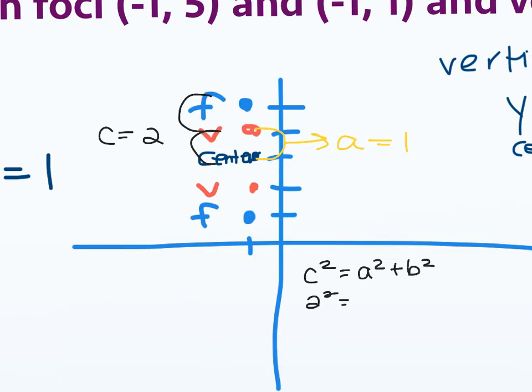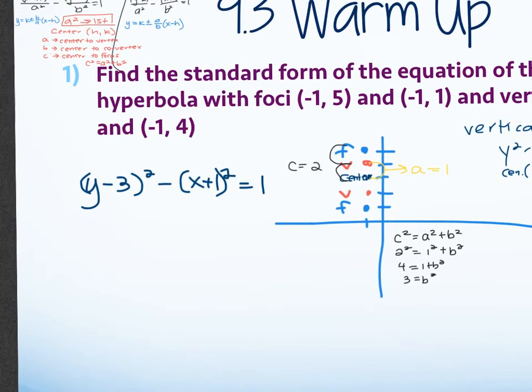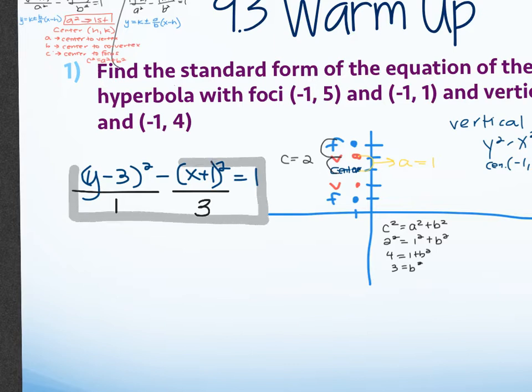So 2 squared equals 1 squared plus b squared. And b squared is 3. So the y goes over the a squared. a is 1, that would be 1. The x goes over the b squared. b squared is 3. You don't need the 1, but it's certainly not wrong to include it.